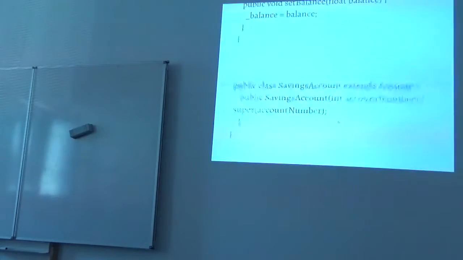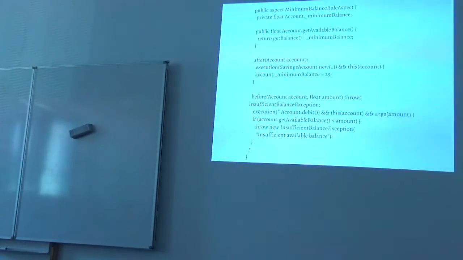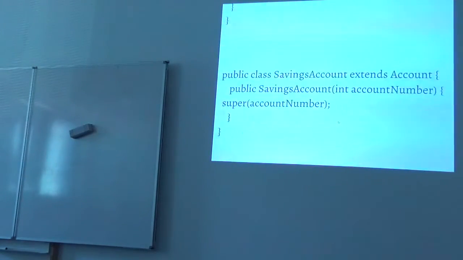And if you recall, we had this minimum balance rule aspect. Here I think it pays off to note that variability is implemented using inheritance. So this is just normal object-oriented programming.